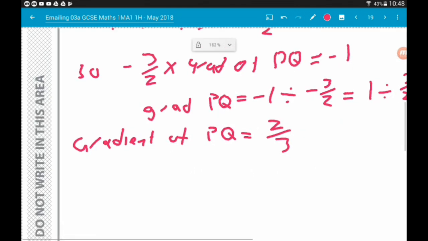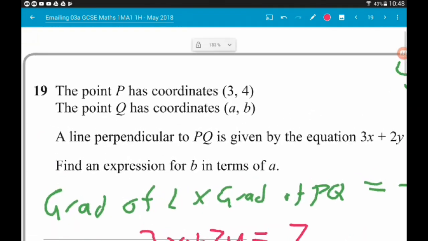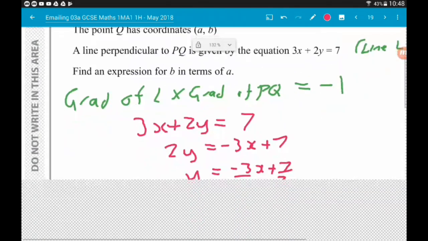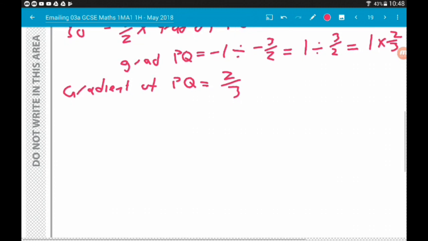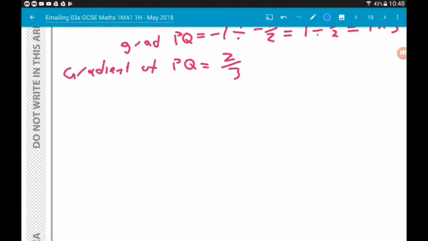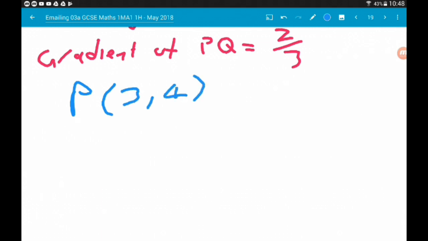Now remember, we know the coordinates of P and Q. So P has coordinates 3, 4, and Q has coordinates A, B. So what we can also do is work out the gradient in terms of the coordinates.